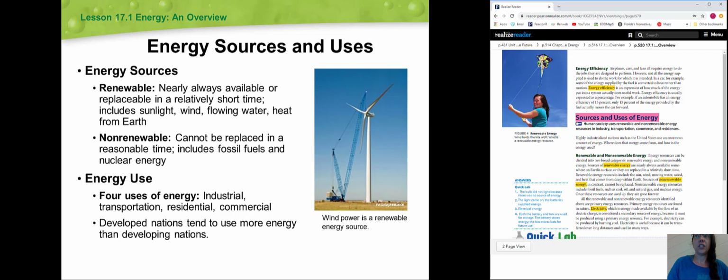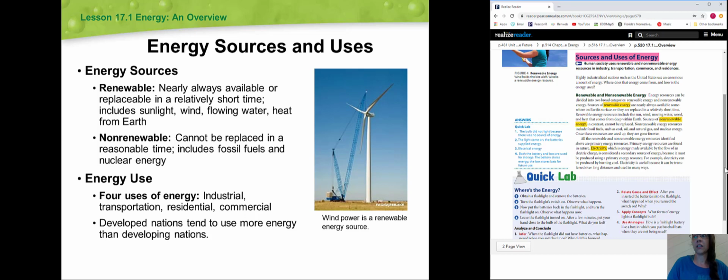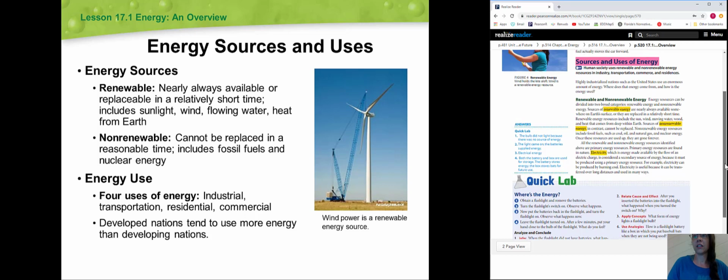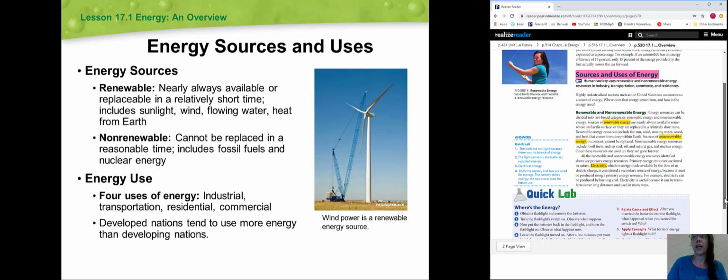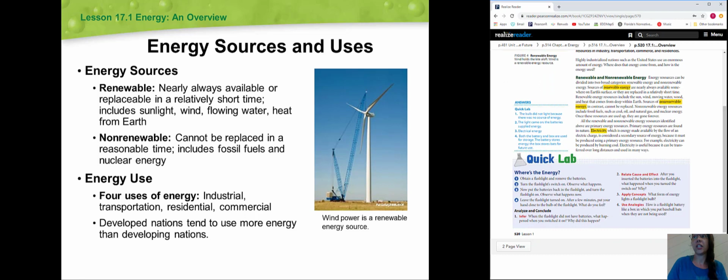So, sources and uses of energy. Highly industrialized nations such as the United States use an enormous amount of energy. Where does the energy come from and how is the energy used? Well, renewable and non-renewable energy.